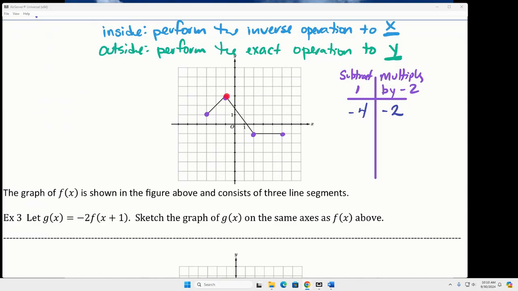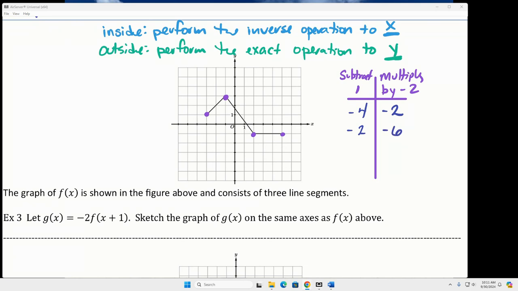All right, so then I'm going to go to the next one. The x at the next one is -1, so I'm going to take -1 and subtract 1 from it. All right, and then the y there looks like it's 3. So I'm going to take 3 and multiply it by -2.